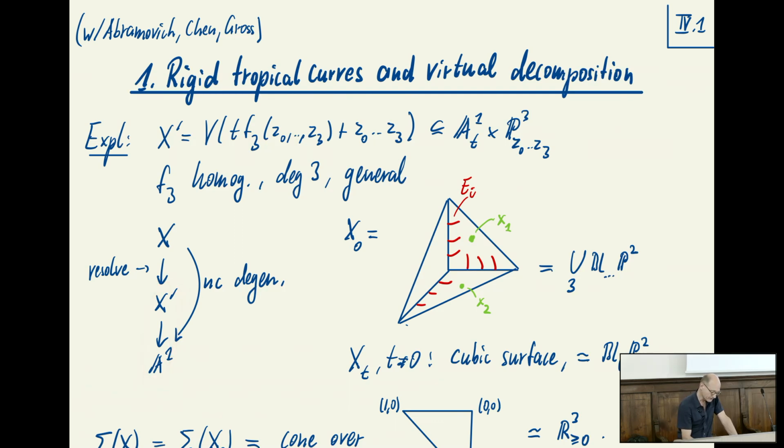Then blowing up some irreducible components of the central fiber, as in the quartic example, I can do a small resolution, and obtain this normal crossings family X to A1. And the central fiber has these 9 P1s, exceptional curves. Other than that, it's a union of 3 copies of P2, but they're a little blown up, depending on which component you are on. And for t non-zero, of course, you get a cubic surface, which is isomorphic to the blow up of P2 in 6 points.